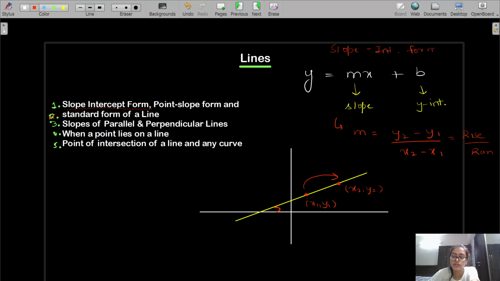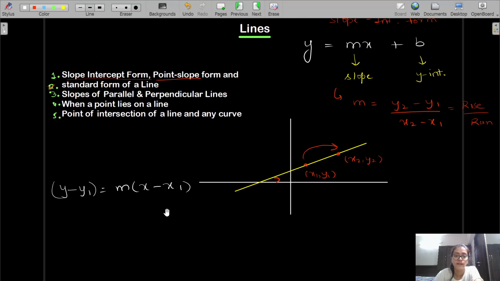It's very obvious that it's named this way because the equation of the line is represented in terms of slope and y-intercept. Then the second is point slope form. Point slope form is given by y minus y1 equals m times x minus x1. Now why is this called point slope form?